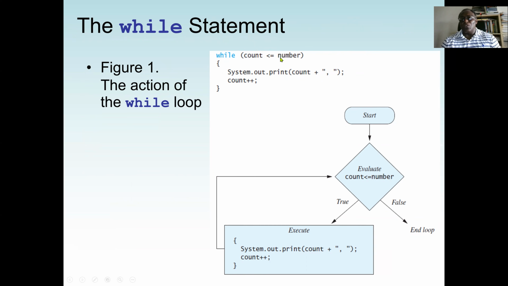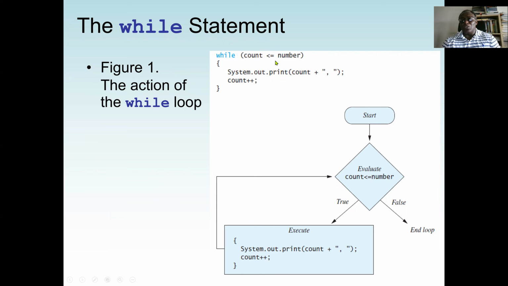Anytime we are going to use a variable in a Java program, we need to declare the variable first. Since count is the variable that will keep count of how many times the loop will execute, we also need to initialize it. So for example, I may have int count equal to 1, which means I'll start the count from 1. And I'll declare variable number.